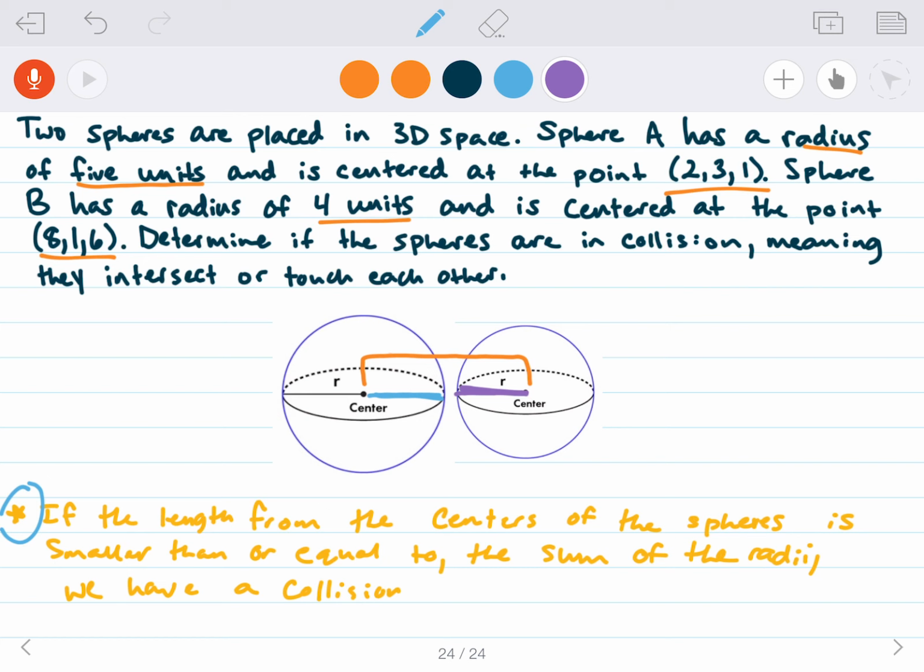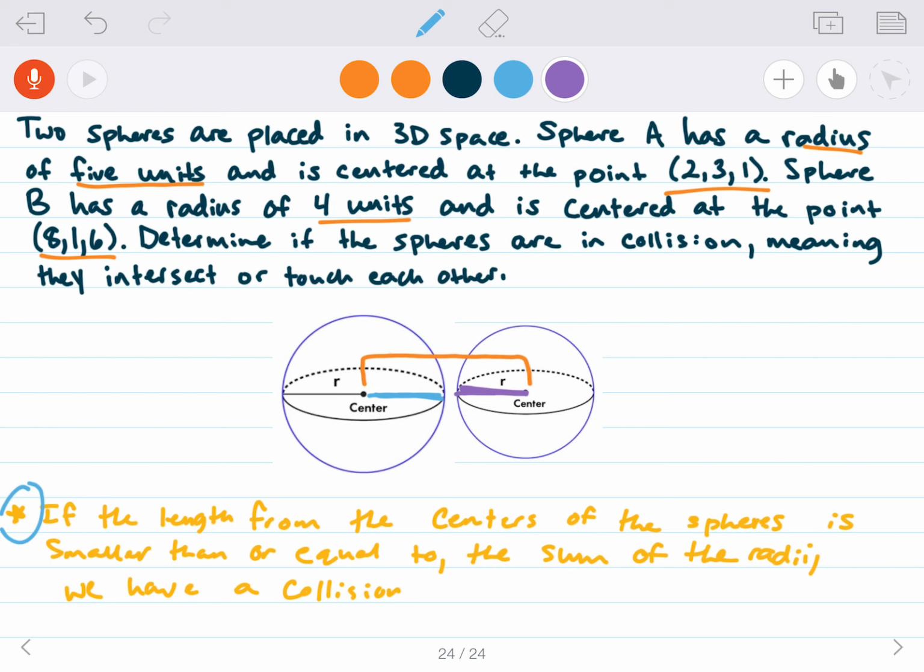That's going to be the same exact distance. I haven't drawn them perfectly because if I move them around, they overlap a little bit. But you want to imagine that the sum of the radii is the same as the distance from the centers.